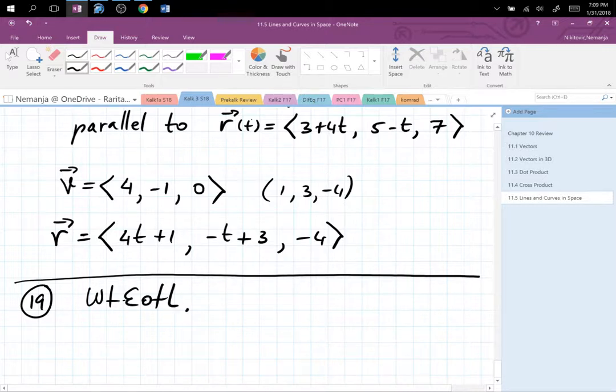Problem 19. Find the equation of the line through 0, 0, 0. Oh, this problem is so important.